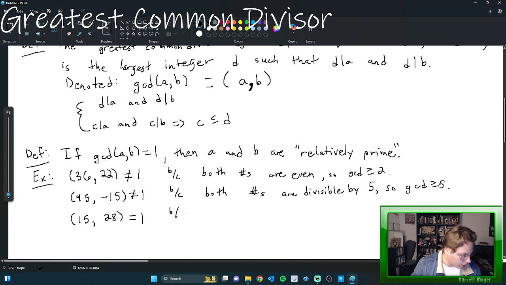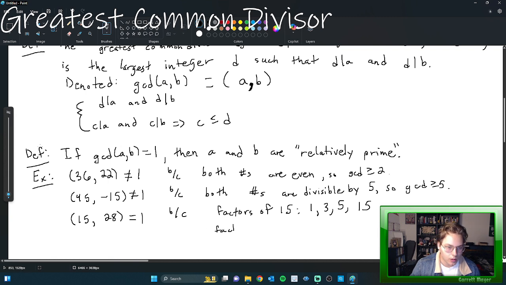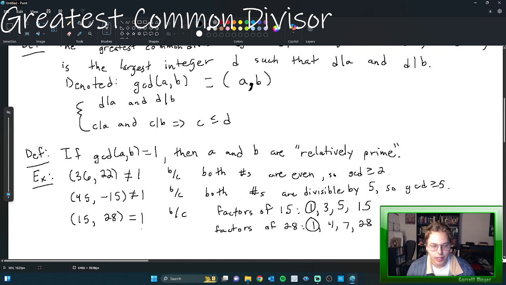That equals 1 because if you look at the divisors of 15, you have 1, 3, 5, 15, and the divisors of 28 are 1, 2, 4, 7, 14, 28. So what you'll see is the only common divisor is 1, so there are no non-trivial common divisors. So the GCD of 15 and 28 is 1, which means that these numbers are relatively prime.